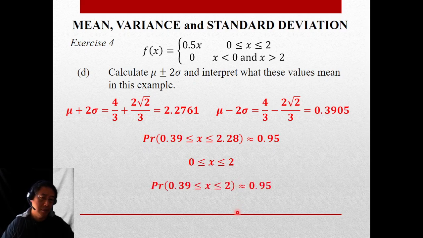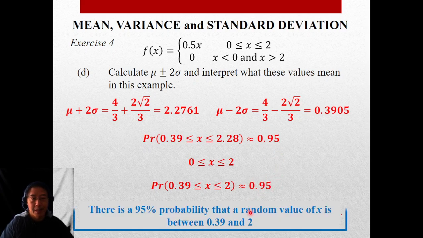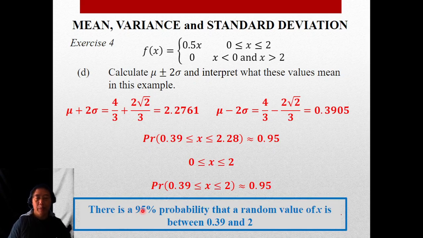Oh, my bad. With the upper boundary, because the function is 0 over 2, you need to change that upper boundary of 2.28 to 2. So there is a 95% probability that the random variable x is going to be between 0.39 and 2, not the original 2.28, as our function is defined to be 0 when x is greater than 2.